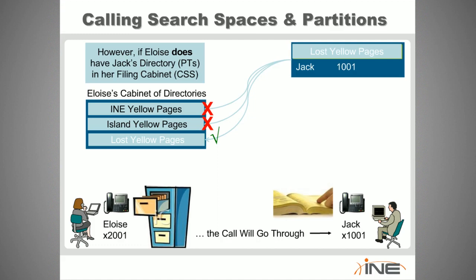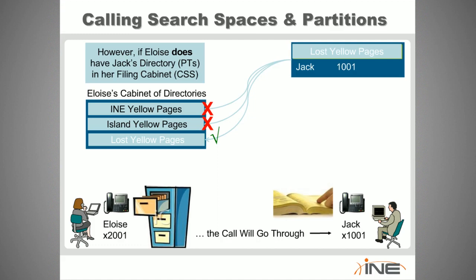We're going to be using calling search spaces and partitions for everything. In fact, I think they should stop calling them calling search spaces and rather change the name to search spaces, like Unity Connection has, because it really doesn't even come close that we're only using them for calling anymore. We're using them for so much more.